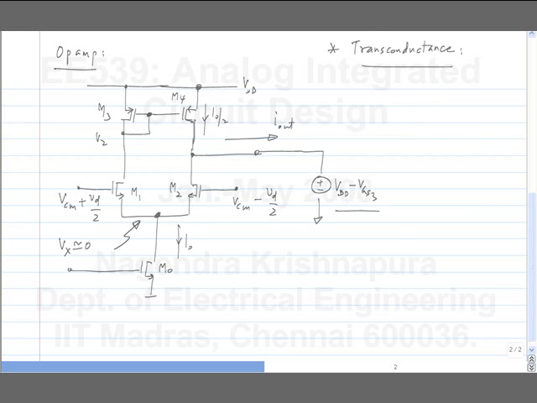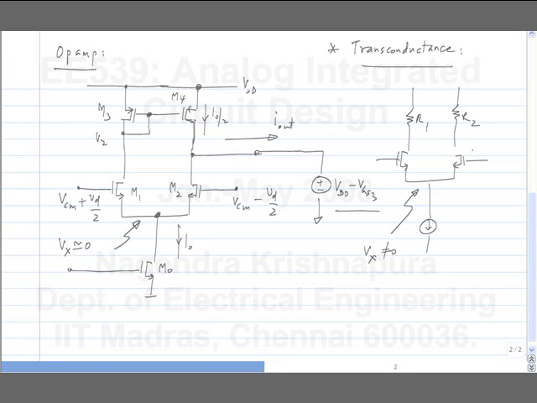But in general, it's not true. Let's say it's terminated by two different resistors. So in general, it's not true that Vx is 0.